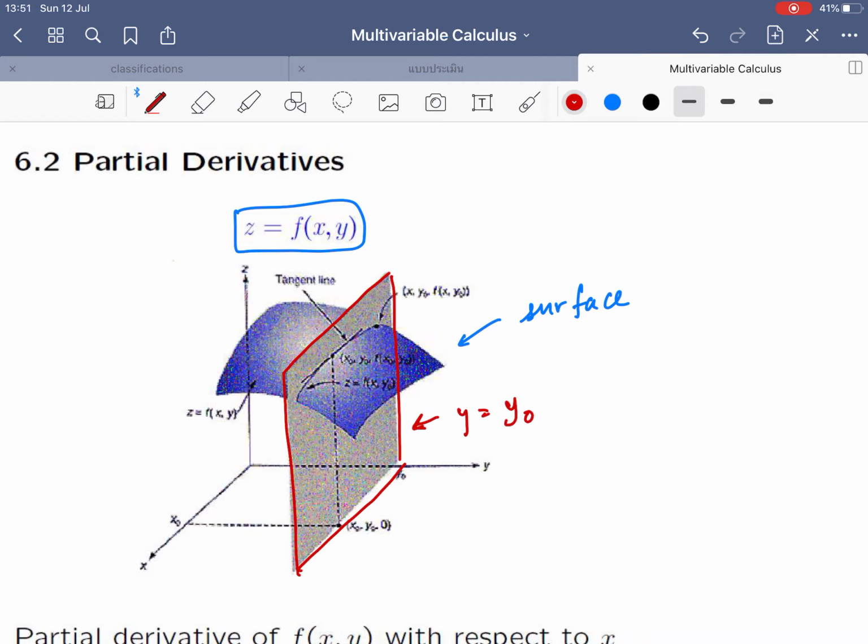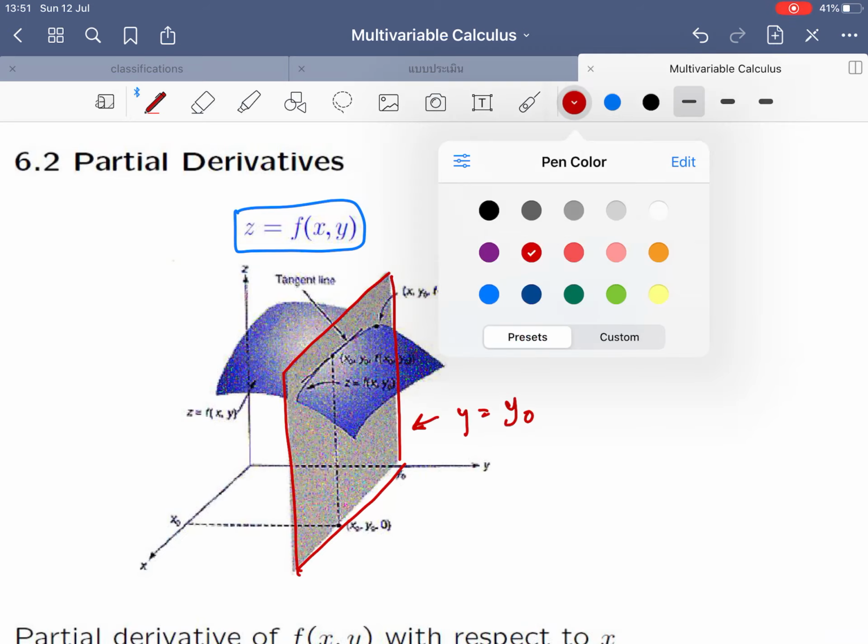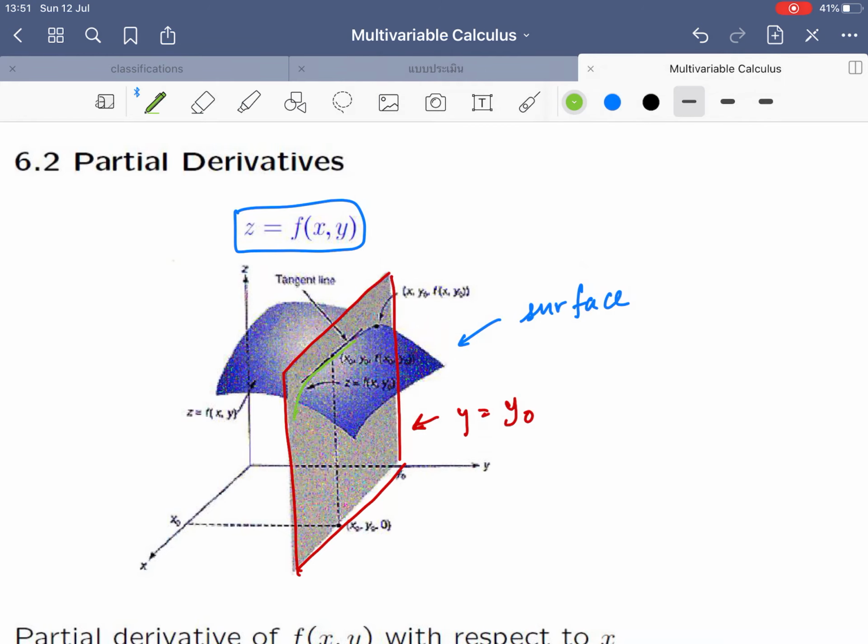After your y is fixed, you have this curve right there, the curve which is the cutting edge between the plane and the surface. This curve is represented by z equals f of x, y0. This one is already fixed to be y0, so the only real variable is x alone.